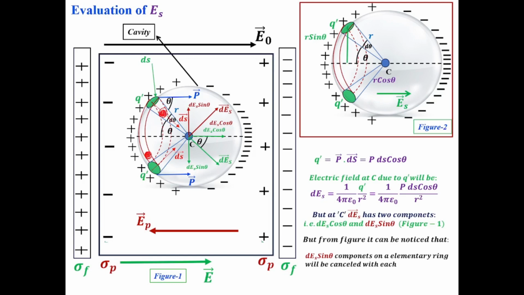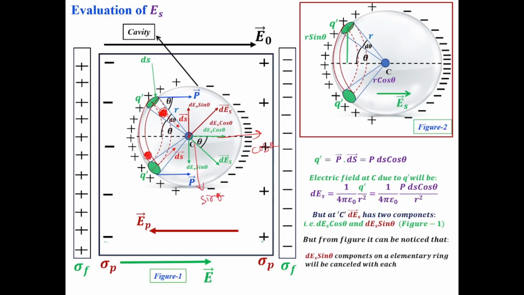Due to the element at C, we are going to find two components: one along the positive x-axis direction, the cos theta component, and another along the y-axis, the sin theta component, along the negative y-axis direction.